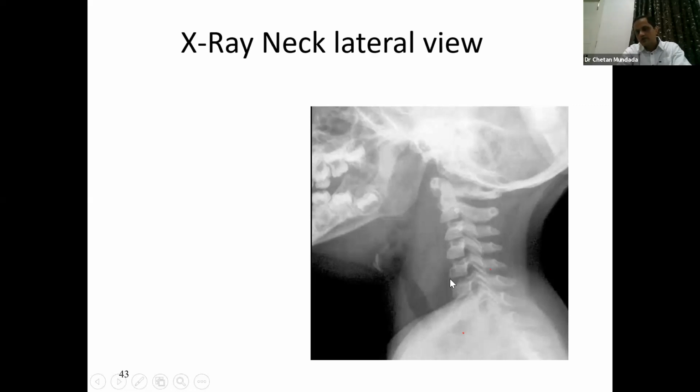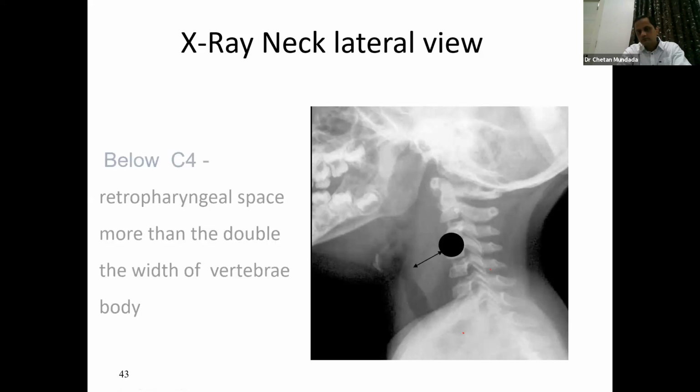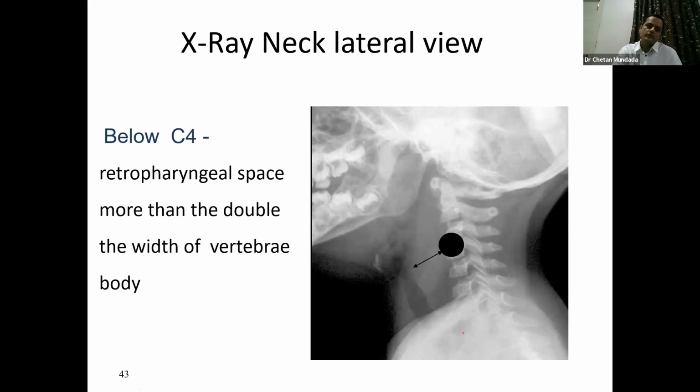So if you look at the C6, the soft tissue with the prevertebral space is much wider than its body, and this is a retropharyngeal abscess, which is kind of a surgical emergency.